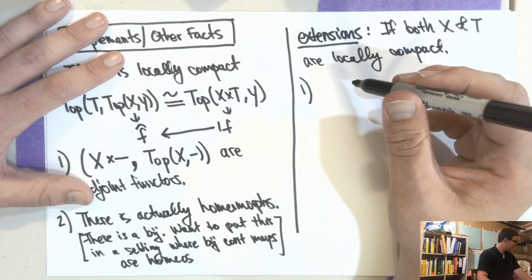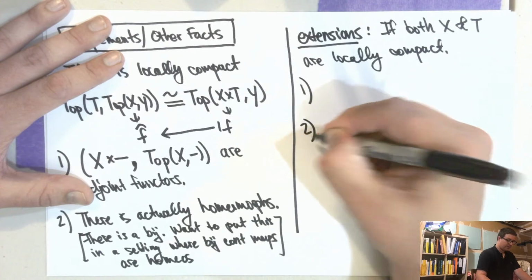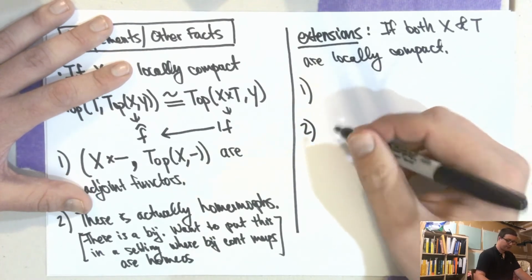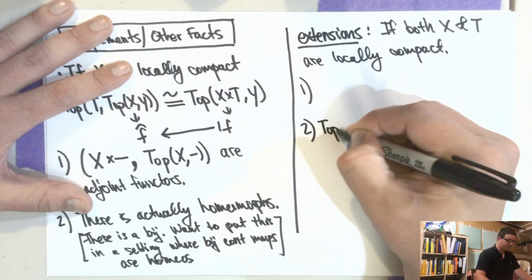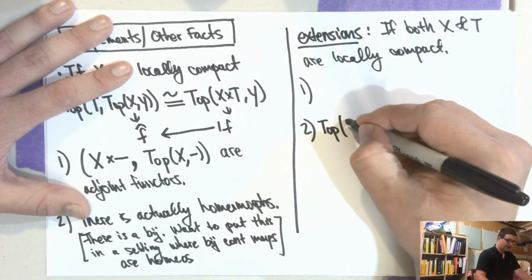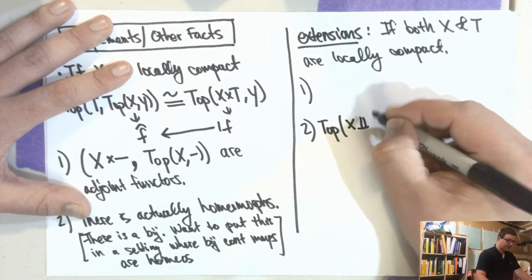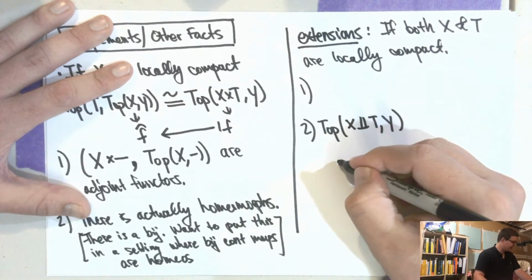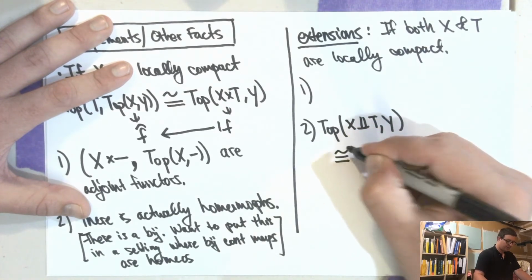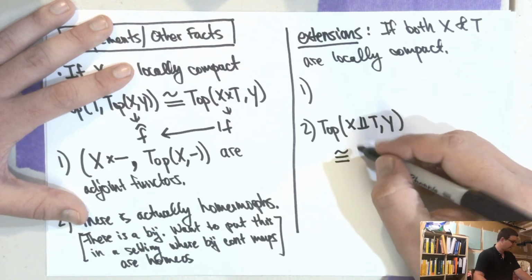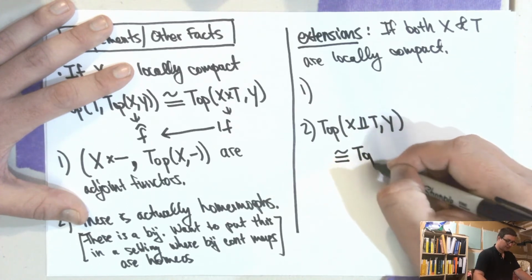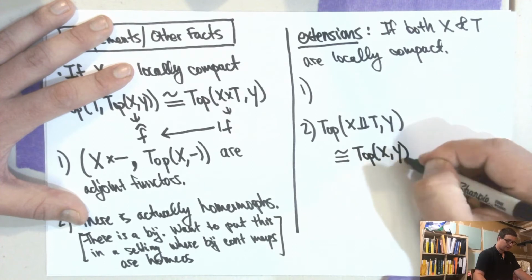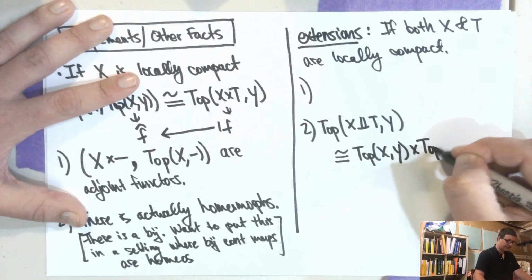This is where we use that they're both locally compact. So maps from X disjoint union T to Y is going to be homeomorphic to maps from X to Y cross maps from T to Y.